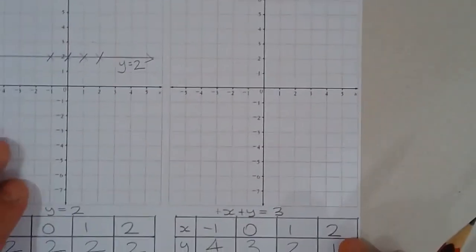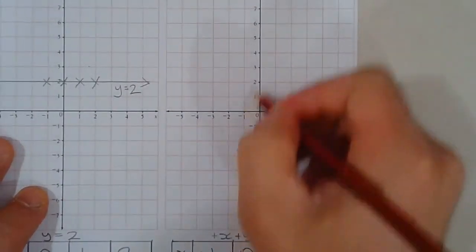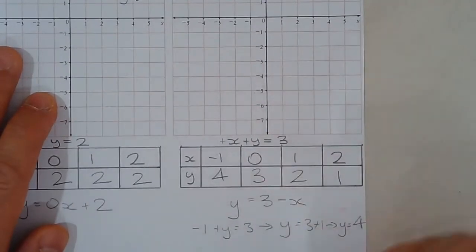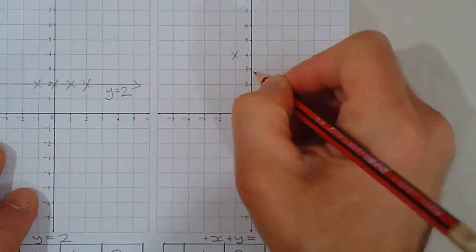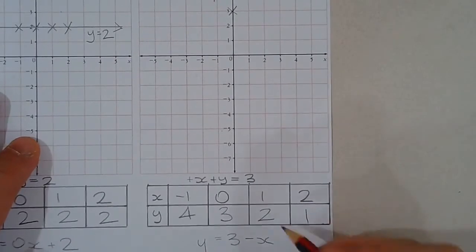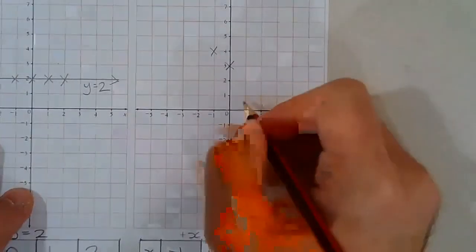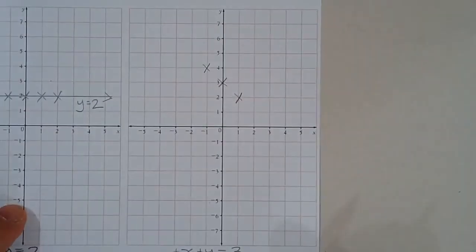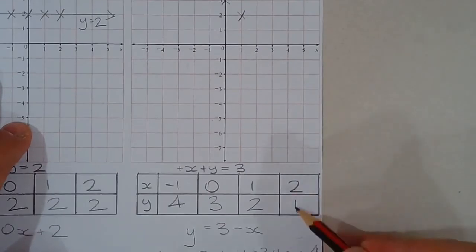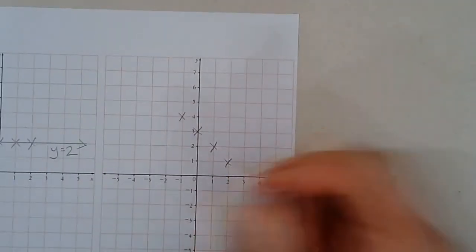All right, let's plot. So -1, 4. We've got 0, 3. That's our y-intercept. 1, 2. Okay, so that's there. And 2, 1. Just there as well.